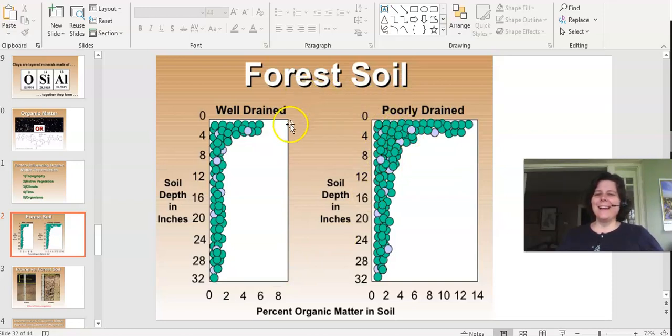Forest soils, if they're well drained or poorly drained, this is the percent of organic material that's inside of there. So 0 to 8, 0 to 24. With a lot of poorly drained soils, we'll get a lot more organic material at the top because it allows it to accumulate. If it's very well drained, you'll get the organic material throughout the whole soil.